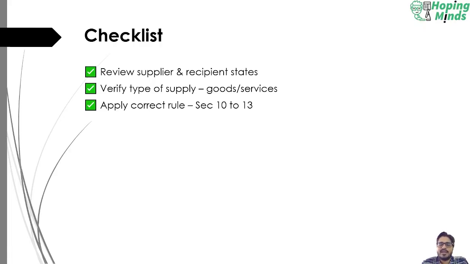So, there are certain challenges like interpretational ambiguities in section 12. Misinterpretation of provisions, especially in multi-state transactions, lead to disputes and penalties. Then complexities in cross-border and interstate transactions. It poses challenges in identifying the correct place of supply for international or interstate transactions, especially with intermediaries.